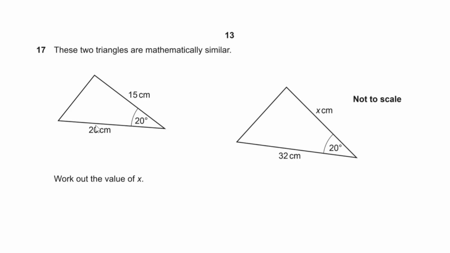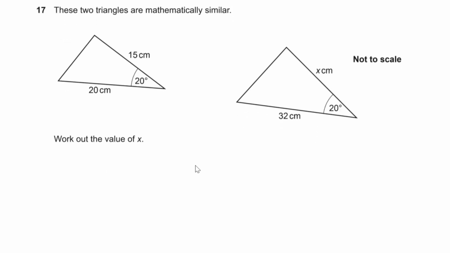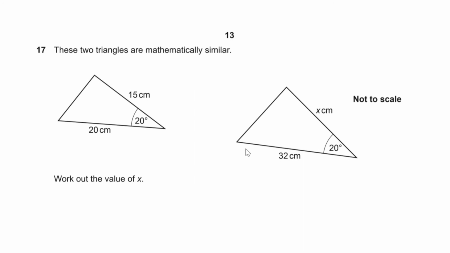Question number 17. These two triangles are mathematically similar. We have to work out the value of x. Well, we can see that this side would correspond to this side, and that this side would correspond to this side. We can begin by finding out the scale factor. The scale factor is equal to 32 divided by 20.